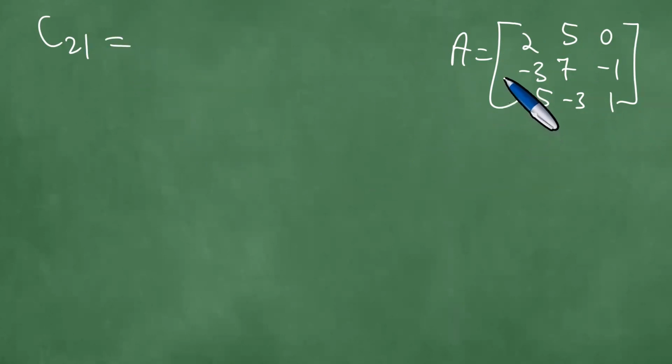The entry in the second row, first column. If you block this row and that column, you're left with 5, 0, minus 3, 1.